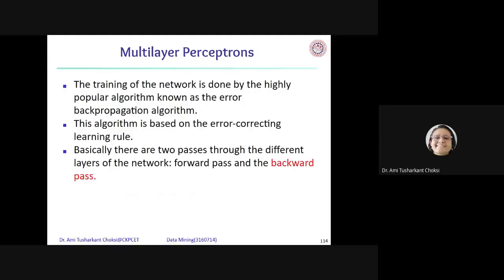And that is why people call them hidden layers. The training of the network is done by a highly popular algorithm known as the error backpropagation algorithm.